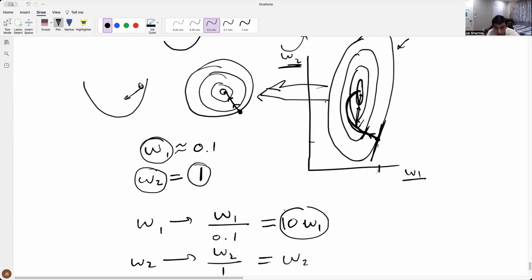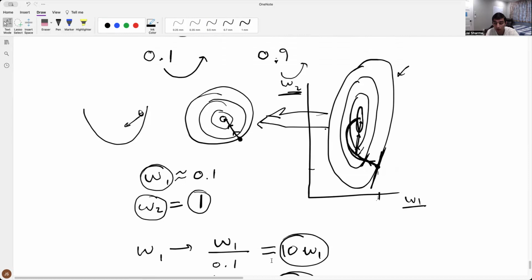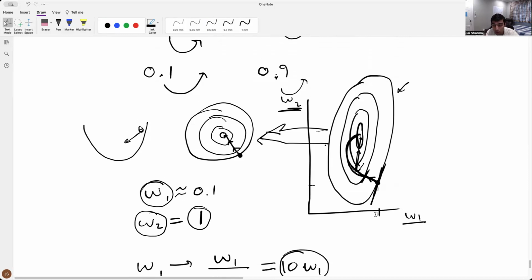So 10 times W1 is the new feature, and then there's W2 as well. So you can think about it like we're going to stretch this axis so that it's bigger, right? And the hypothesis is that if you stretch the axis to be bigger, then it'll become more like a circle. You can think about me extending the oval like this, it'll eventually become a circle.